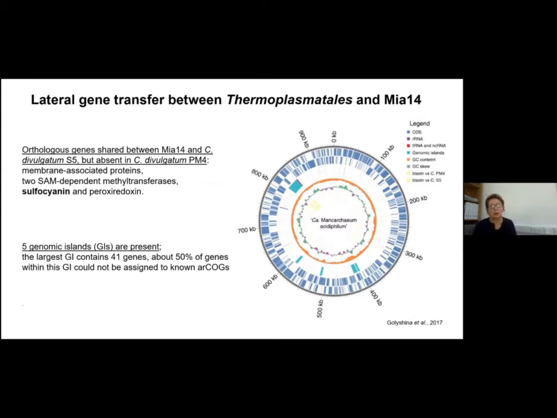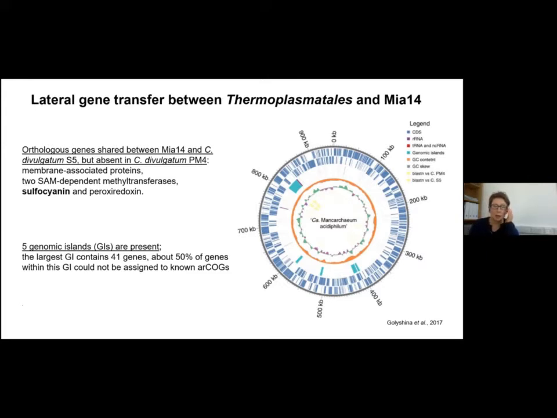and that certain genes could be transferred between Thermoplasmatales and MIA. The set of genes which were found within this lateral gene transfer event were membrane-associated proteins, some dependent methyltransferases, peroxiredoxin, and also sulfocyanin.